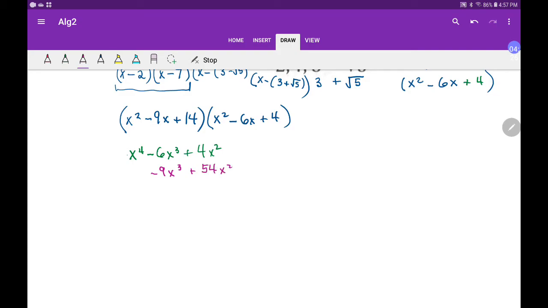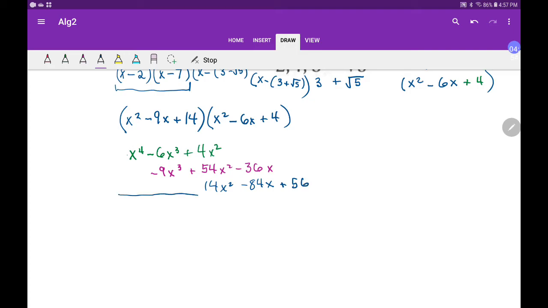And then negative 9 times 4 is negative 36, and the x comes along. And finally, I have 14 times x squared, so that's going to be 14x squared. 14 times negative 6x is negative 84x, I think. And then 14 times 4 is 56.